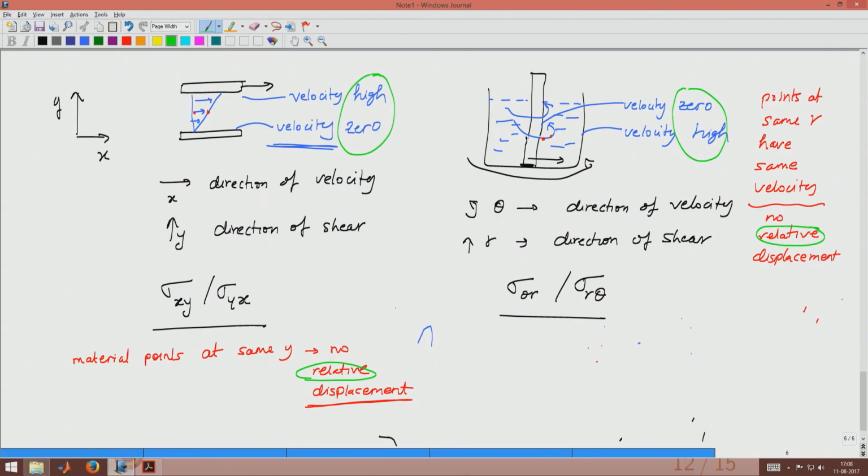So, in both these cases what is important is to have a comparison of velocity and displacement between different material points, and so this importance of relative displacement or motion of neighboring particles.